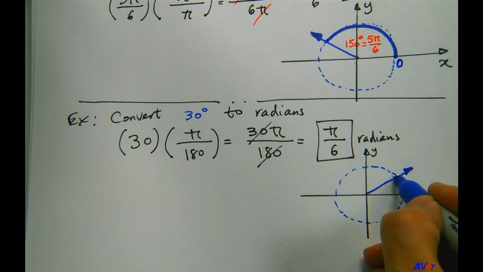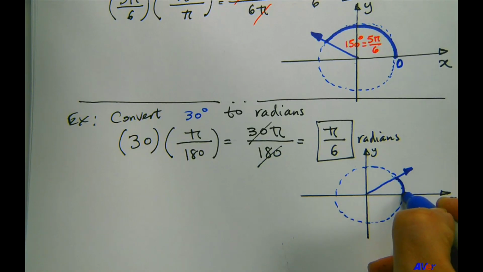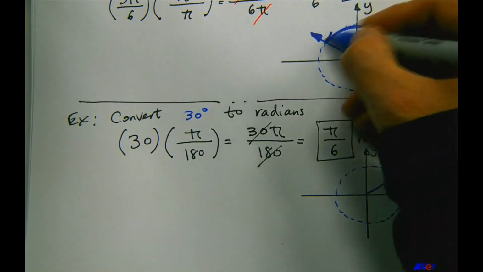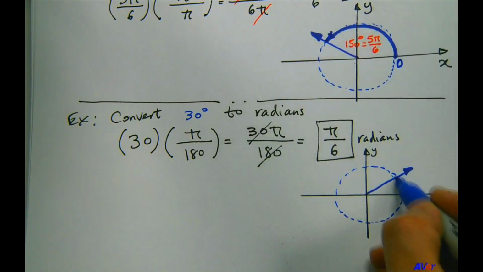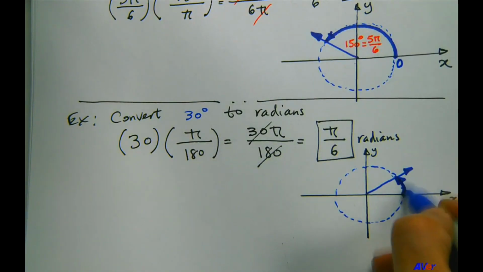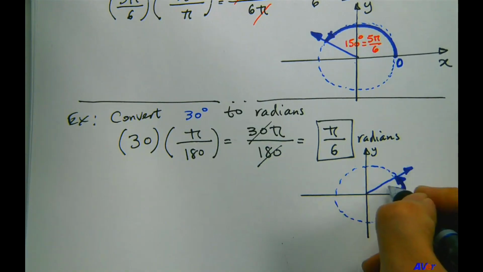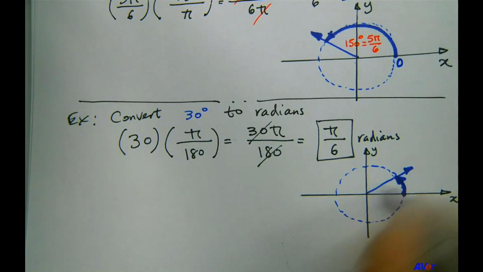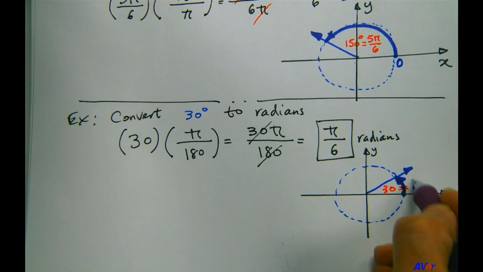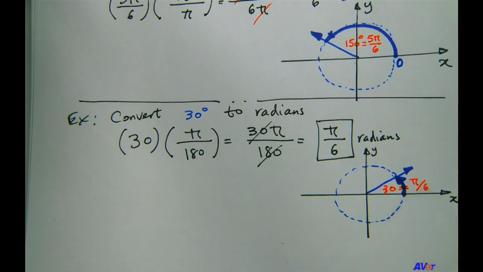So we're talking about this arc, and that short arc would be the pi over 6. So this angle is 30 degrees or pi over 6 radians. Okay, let's do another example.